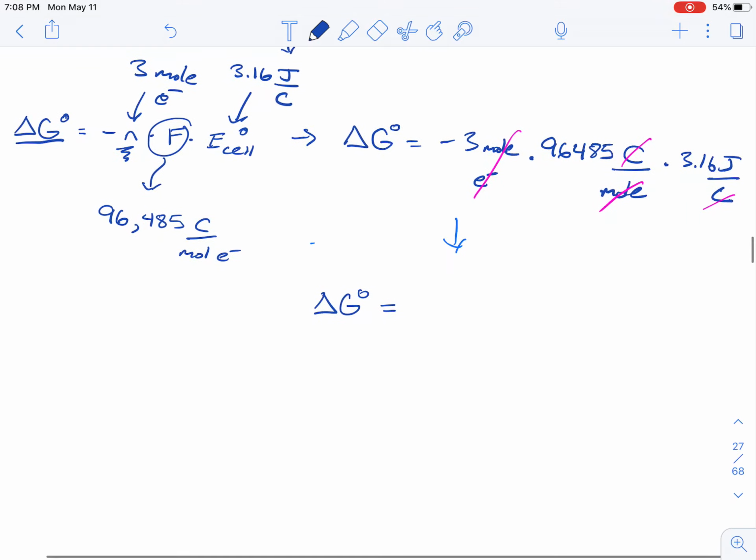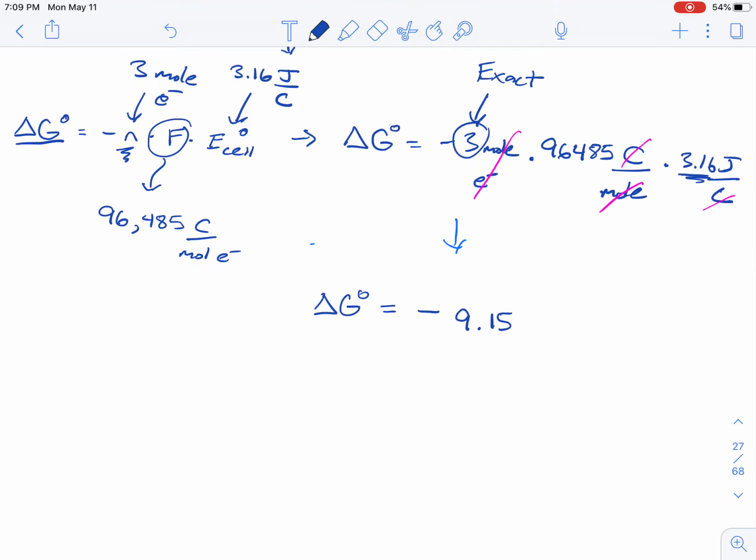And that's going to give me negative 9.15. And so this 3 is an exact number. So when it comes to sig figs, you are not going to report 1 as your lowest sig fig because we transferred exactly 3 moles of electrons. It's a discrete object. And so really, the 3 is coming from your E cell.